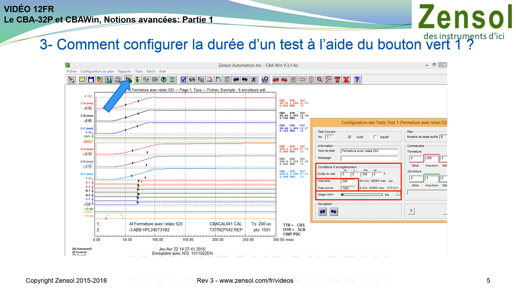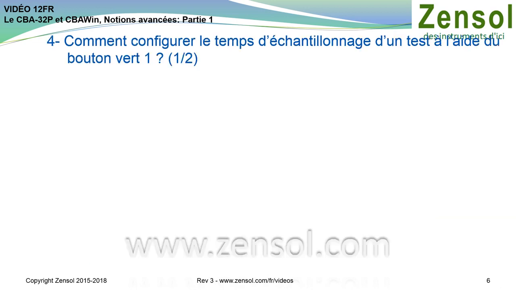How to set the sampling time for a test using green button number 1. This parameter, which is good to understand but not recommended for beginners, is the sampling time. This simply represents the time interval between 2 readings of a signal.